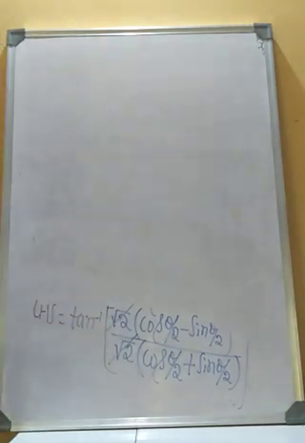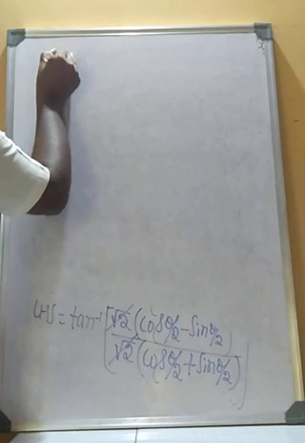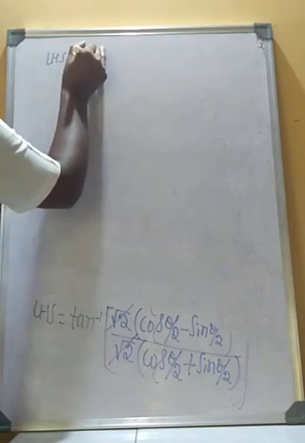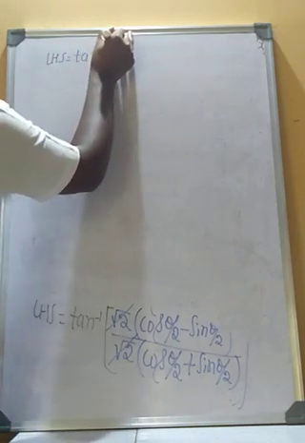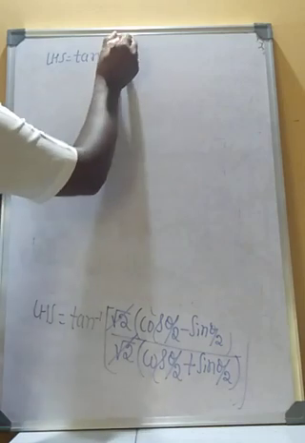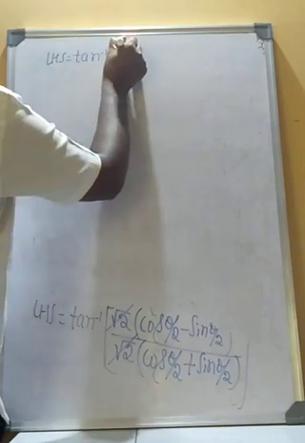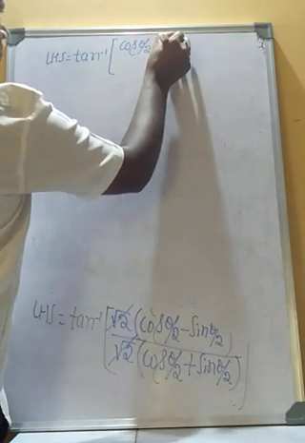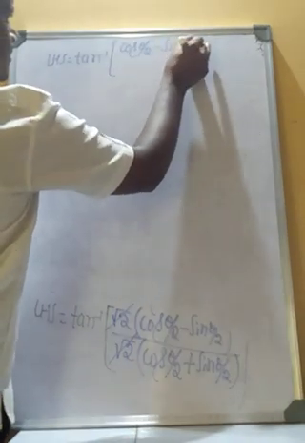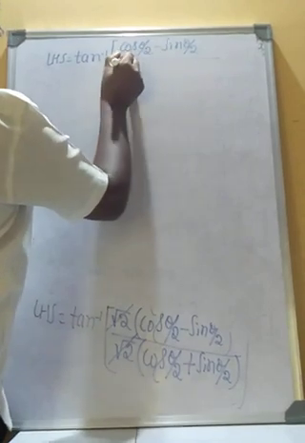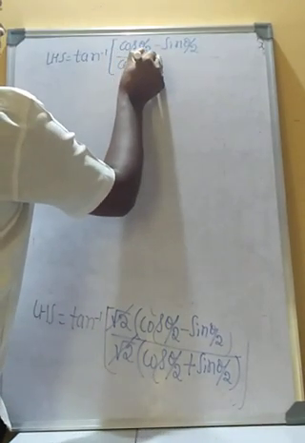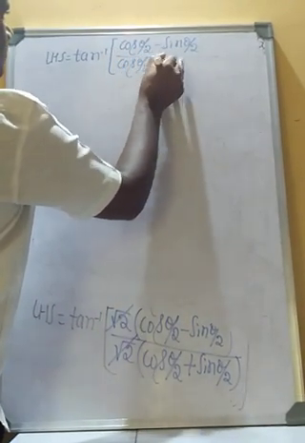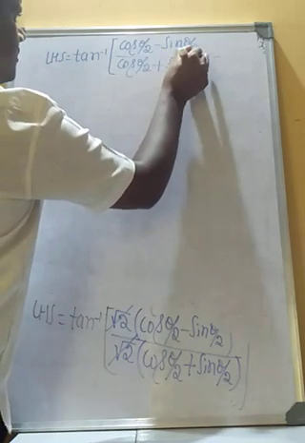So therefore, left hand side is equal to tan inverse of (cos theta by 2 minus sin theta by 2) dividing by (cos theta by 2 plus sin theta by 2).